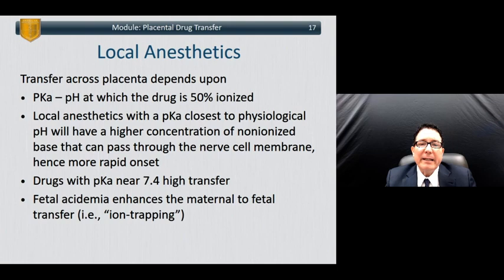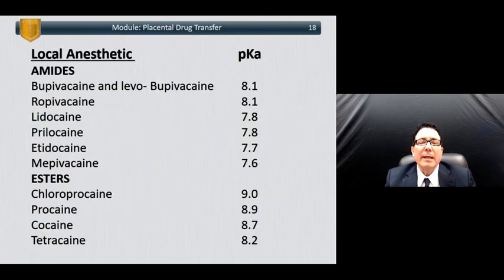Drugs with pKa near 7.4 have a very high transfer. So the concept of ion trapping that we talked about earlier, in which fetal acidemia enhances the maternal to fetal transfer. This is just a table showing the most frequently used local anesthetics, both the amides and the esters, and their corresponding pKa's.